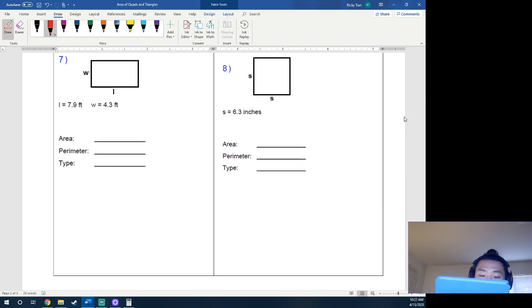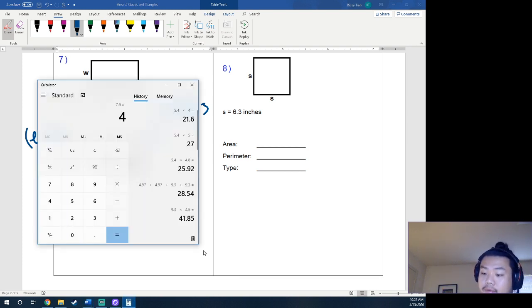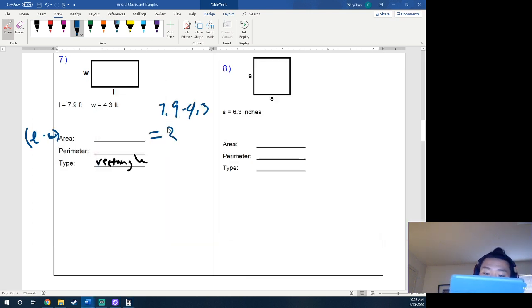Okay. So rectangle. It's just length times width, or 7.9 times 4.3, which is 33.97 feet squared.